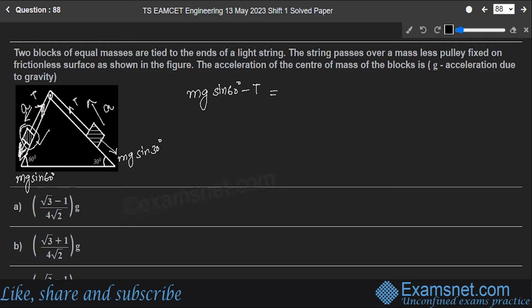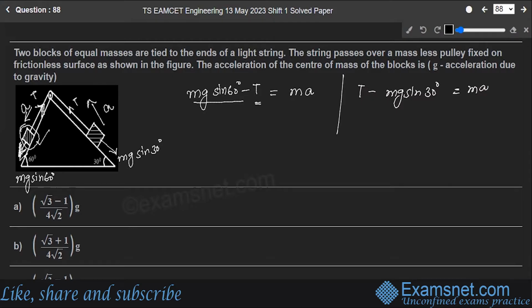So the component of force with which this object is moving is given by mg sine 60 degree minus T. That is equal to your force, or you can say this is equal to your mass into acceleration. Also, you have mg for this block. Since this is moving in the upward direction, this is T minus mg sine 30 degree. This is equal to mass into acceleration.